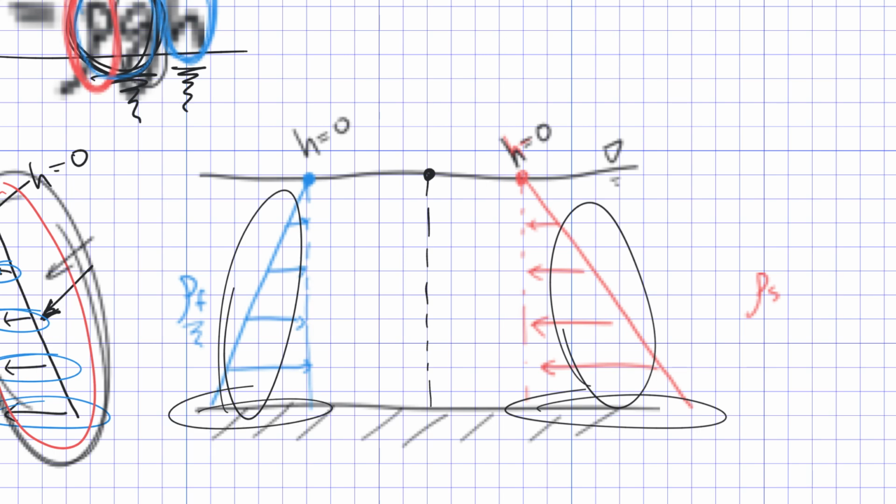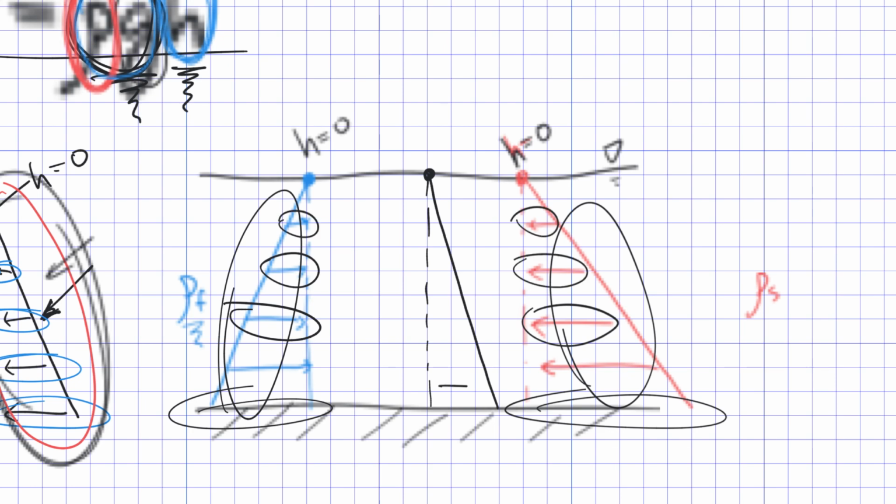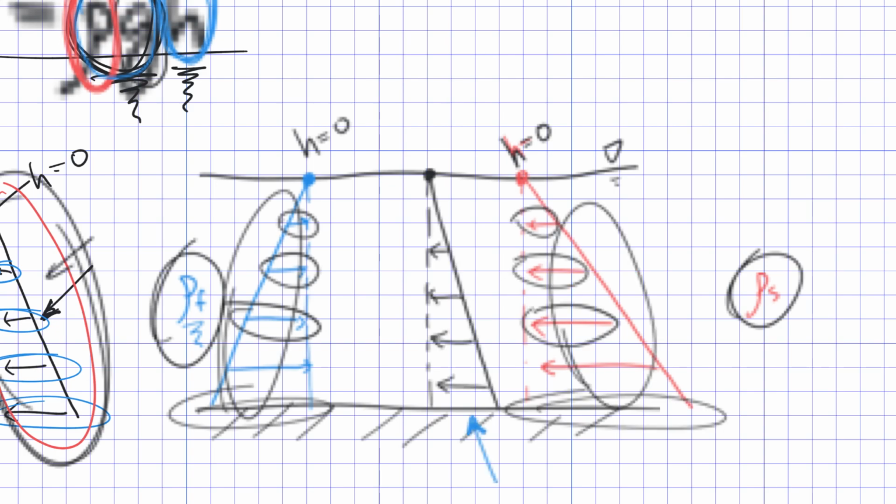So maybe it's like this. But in the middle, that one compared to that one is pretty small, and then they progressively get closer to each other until they get to the top. So the net effect of this particular pressure difference is to cause things to want to go towards the fresh water from the salt water, but primarily towards the bottom, right, primarily towards the bottom.